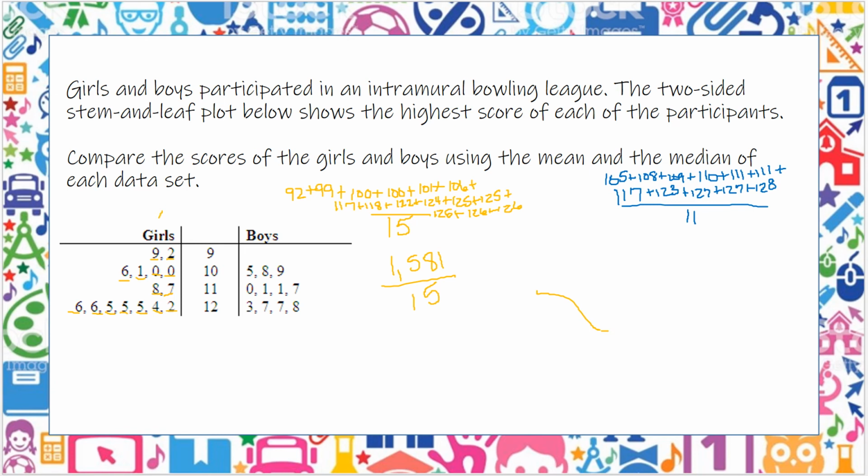And I get, for the girls, 1,581. And we're going to still divide that by 15. When I divide that by 15, I get 105.4. That is the mean of the girls.